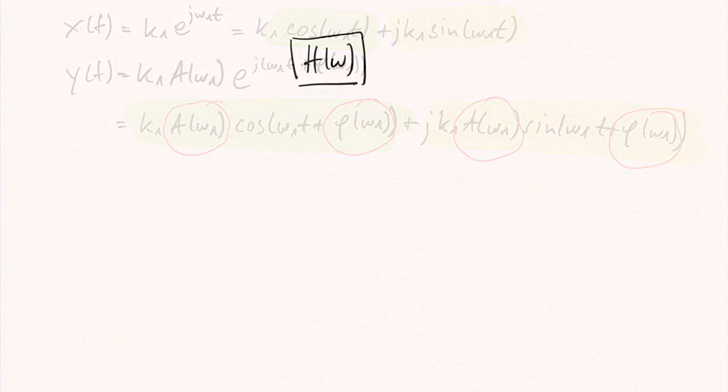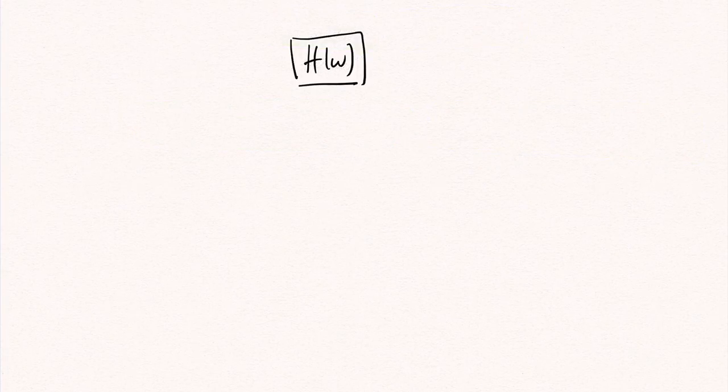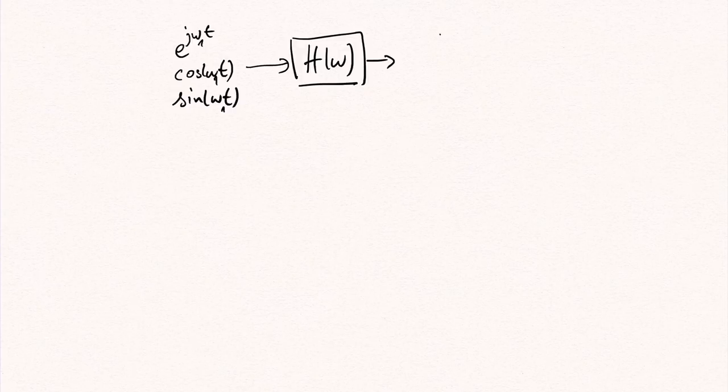So let's repeat again. If we have a system, an LTI system to be precise, represented by this function H of omega, and we apply as an input signal a complex exponential or a cosine or a sine with a given frequency, let's call this one here omega 1, then the output will always be a scaled and time-shifted version of this complex exponential, sine, or cosine with the very same frequency.